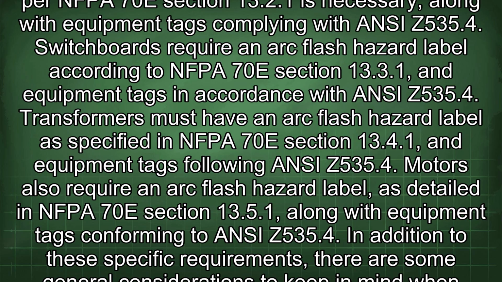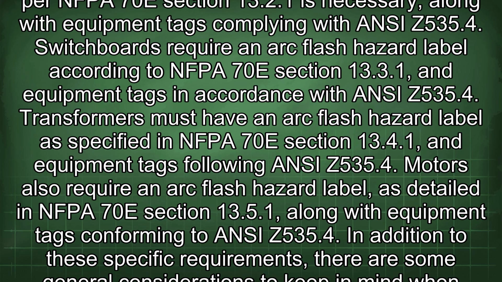For electrical panels, an arc flash hazard label as per NFPA 70E section 13.1 is necessary, along with equipment tags complying with ANSI Z535.4.